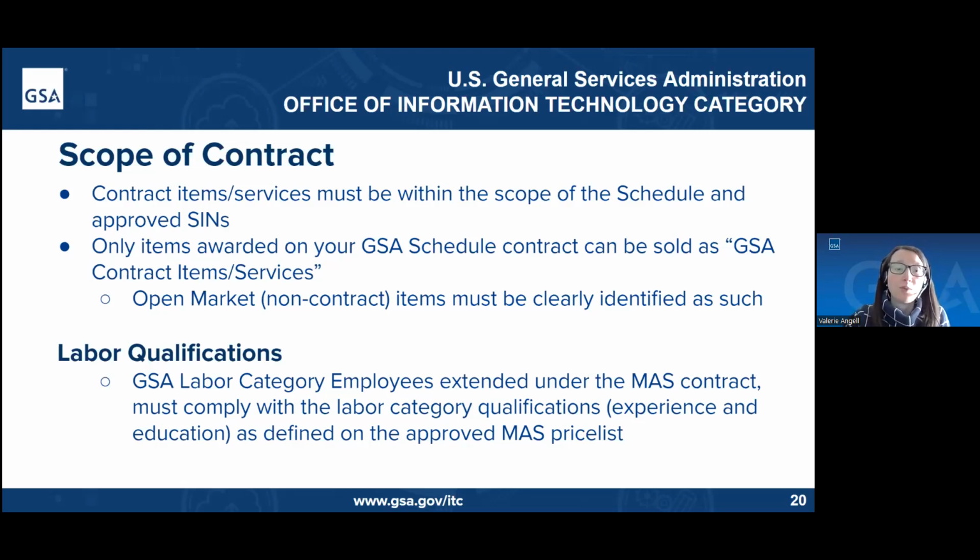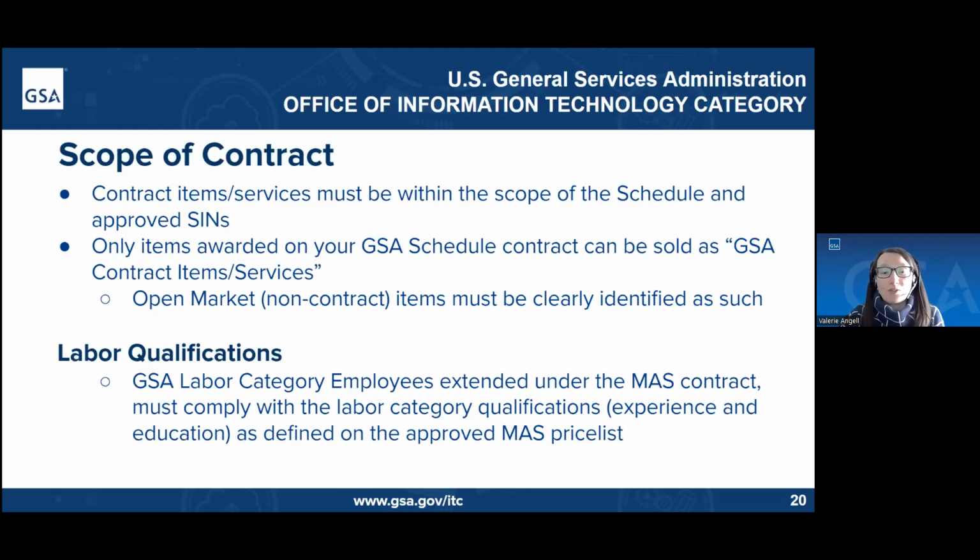Also regarding scope, you want to keep an eye on labor qualifications if you do have services on your contract. And when labor categories are awarded under an MAS contract, they are awarded with a minimum education and a minimum experience requirement. You must fill the labor categories with personnel who meet this criteria.